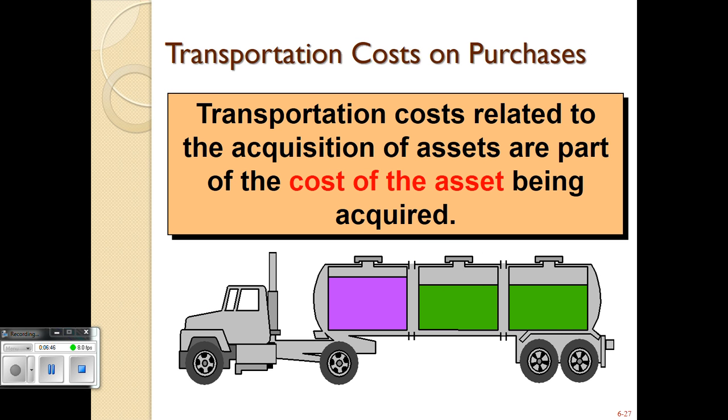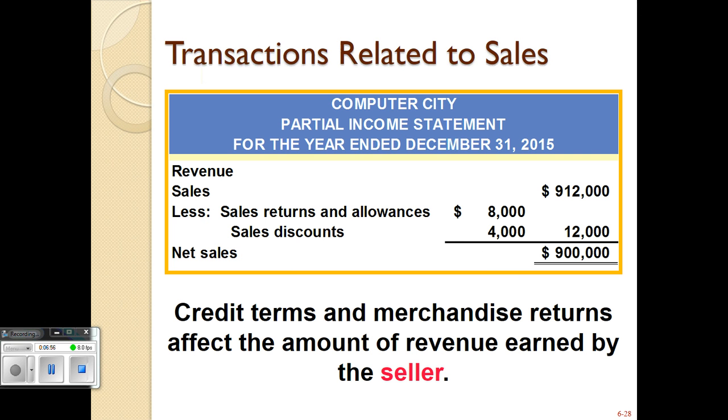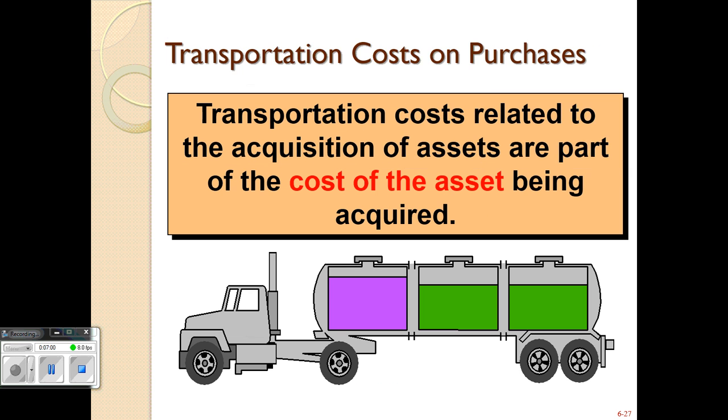Transportation costs, any cost to get it into my plant, into my factory, into my store, is going to be included as a cost of the asset being acquired. Okay, so what I'm going to do, I'm just going to leave it here. So those are transportation costs. Those get included in the cost of the asset. So that's going to become part of cost of goods sold.